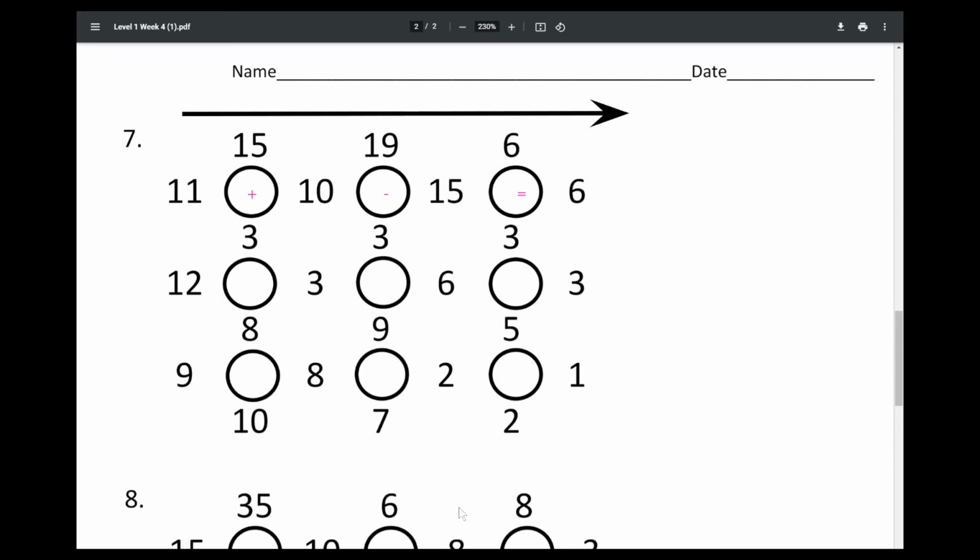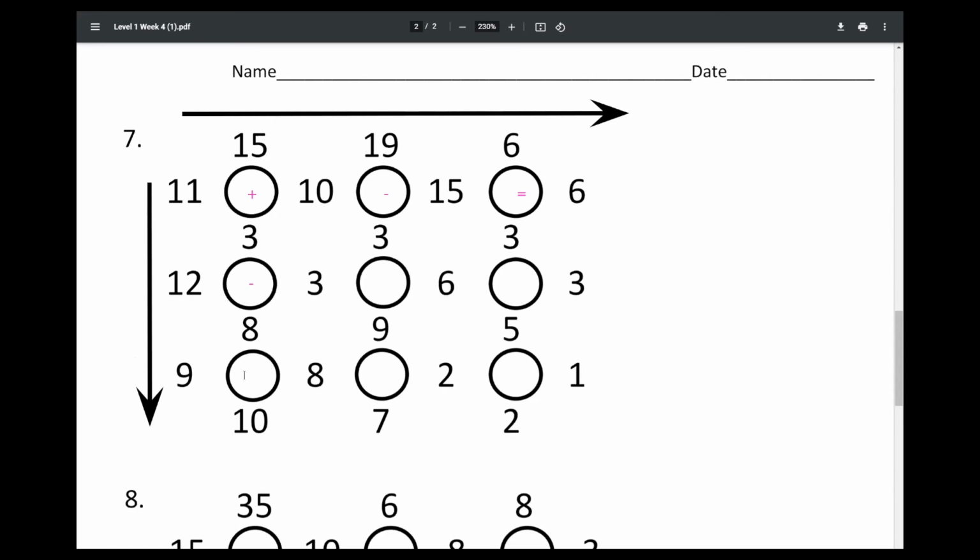Okay, do you guys want to do this first column? You guys think you can do this one? Christian, do you know what goes in the second circle right here? Minus. Minus? All right, let's try that. So we're saying 15 plus 3 minus 8 something.